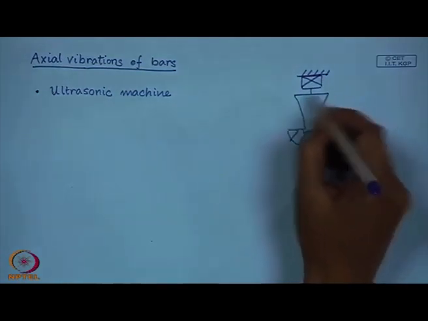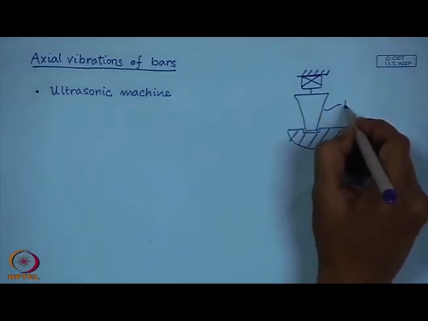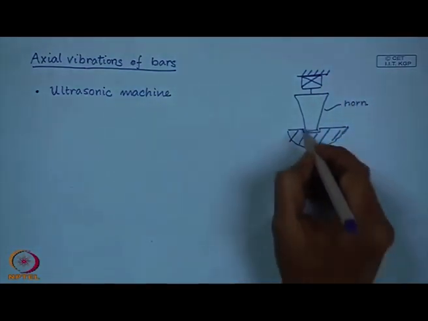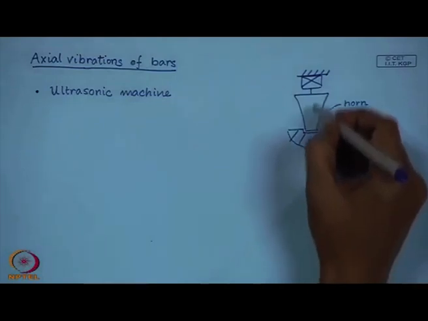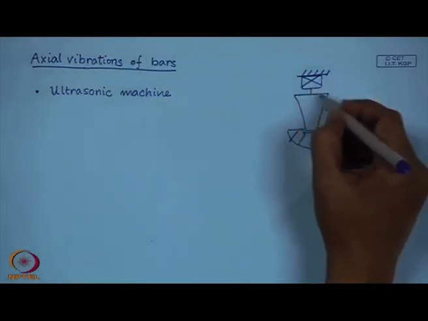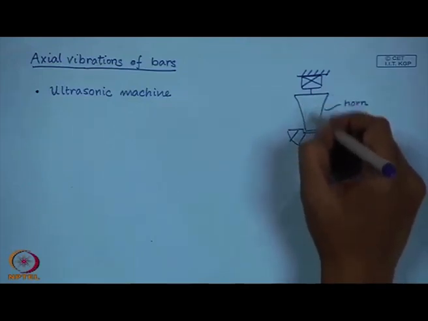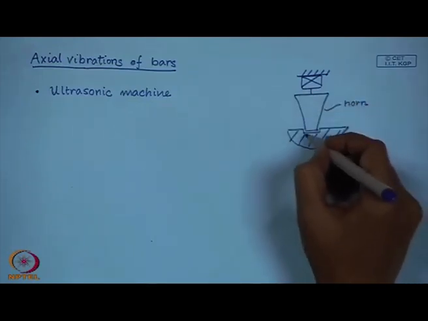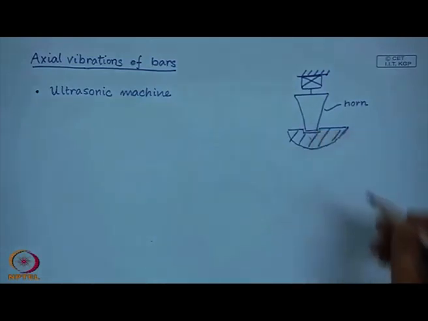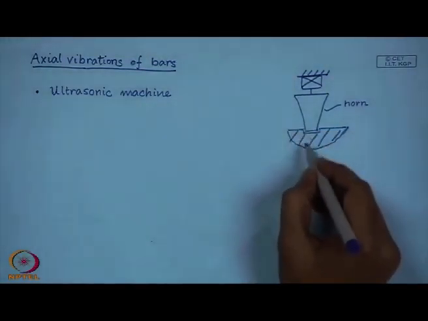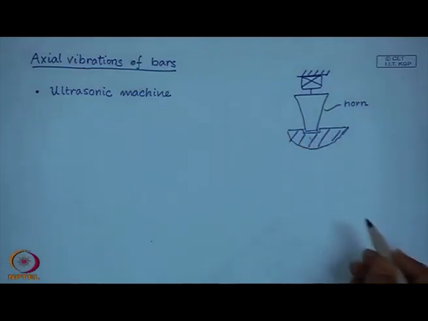This bar is called a horn of the ultrasonic machine, and this is an ultrasonic generator which passes ultrasonic waves in this bar, and because of this shape you have large amplitude motions at this workpiece. Such a machine is used for machining brittle materials, for example.